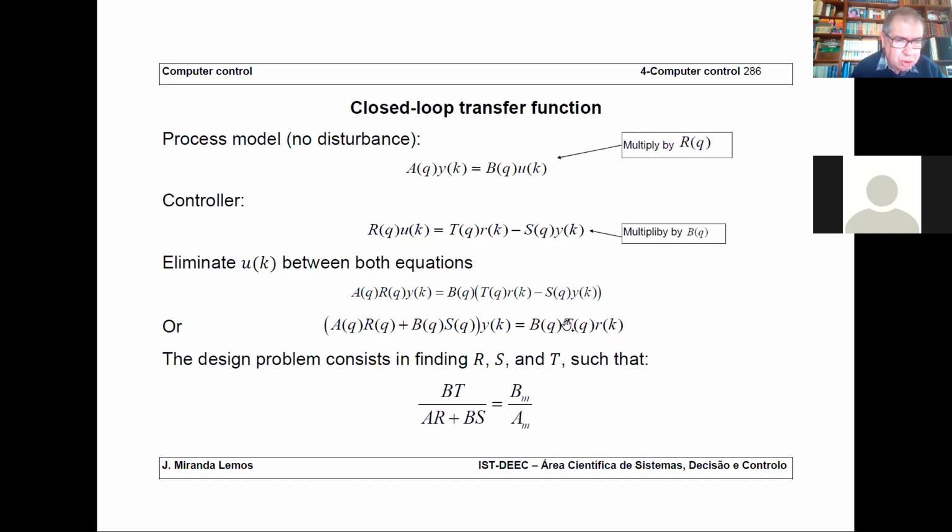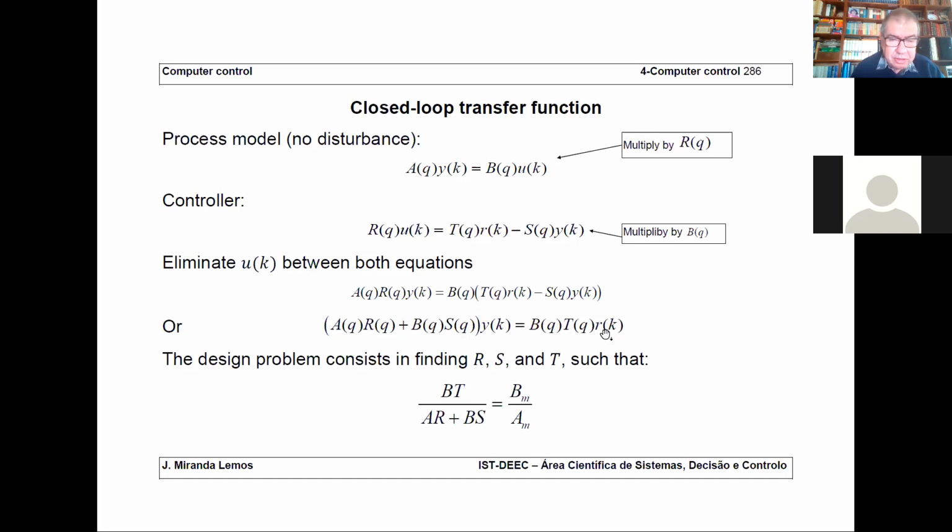So I did two things. One thing is to compute the closed loop transfer function. And this is just algebra. So I pick up the process model, I pick up the controller model, and I eliminate u among both of them. So I do a trick of multiplying and equating and so on. So I get this expression that y of k is equal to bt divided by ar plus bs filtering r.